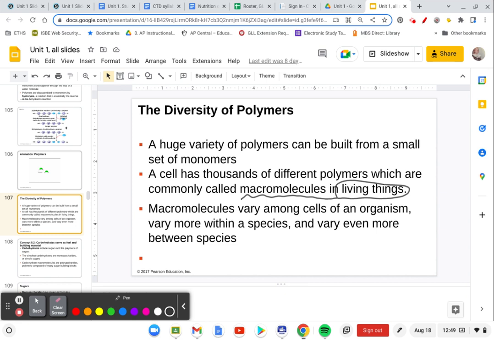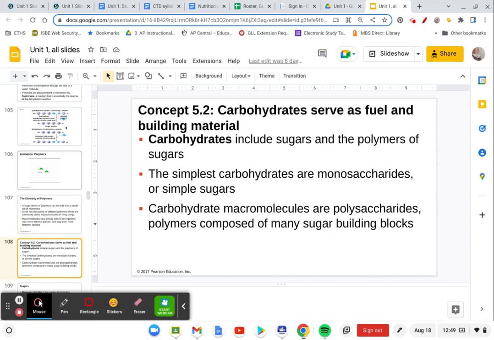and we're going to talk about 4 sets of macromolecules. The first one is going to be the carbohydrate. And I think this is the one that's most common to students who've had biology before.